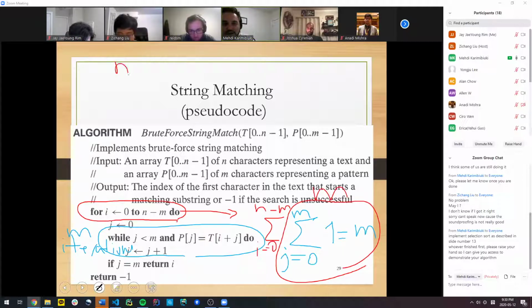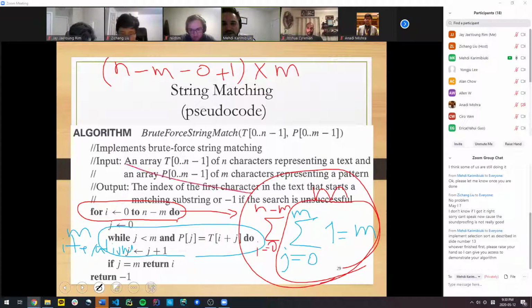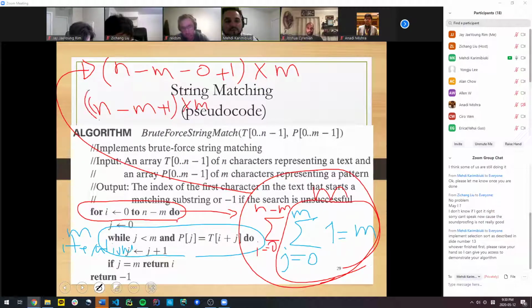So I'm gonna have n minus m minus 0 plus 1 times m, and that's what the resulting answer is going to be. Do you guys agree with me on that? So it's going to be n minus m plus 1 times m. I think that's going to be the big O.